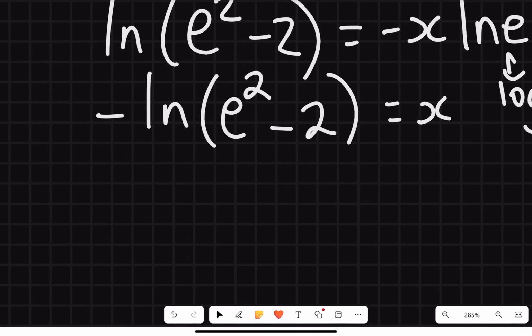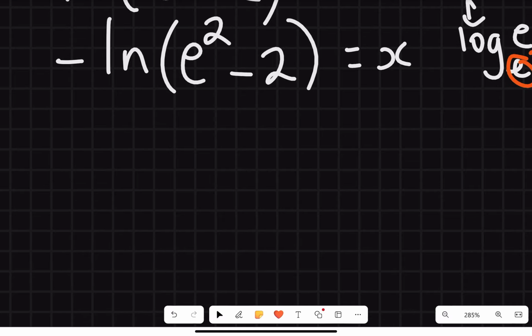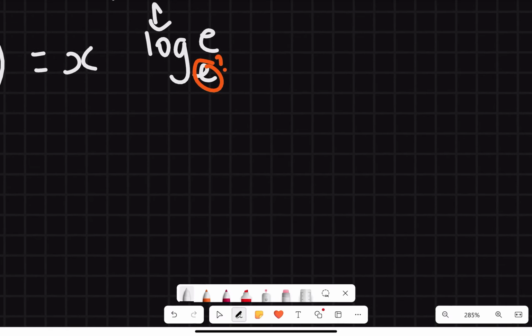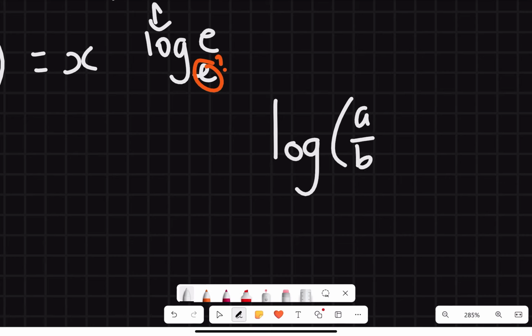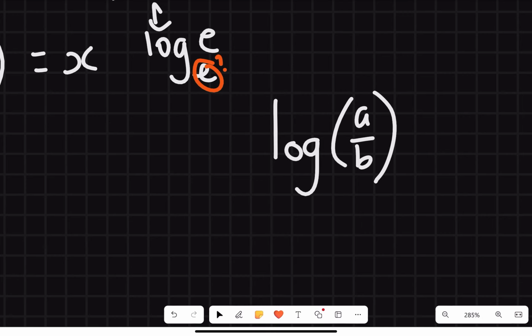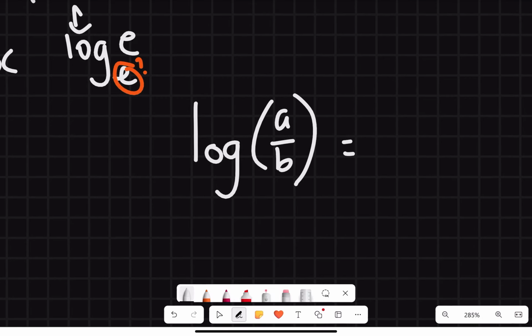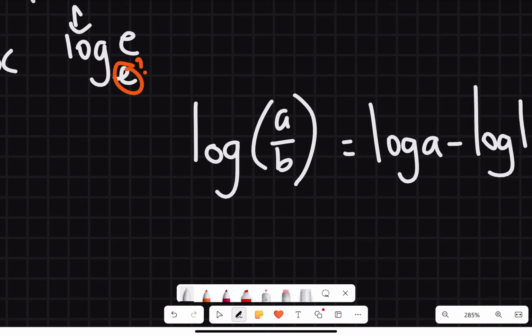Okay, guys, I'm going to show you some fact before we finish up here. Let me do it on the side. Remember this rule. If I have log of a over b, remember, if I don't write anything, it means the base is 10. This can be written as log a minus log b, according to the laws of logarithms.